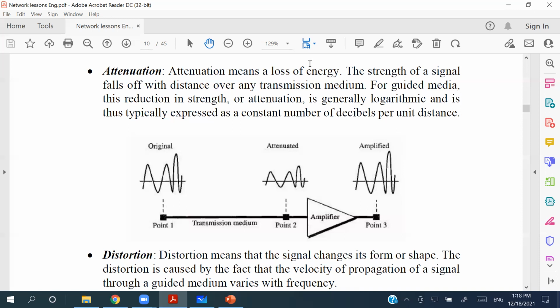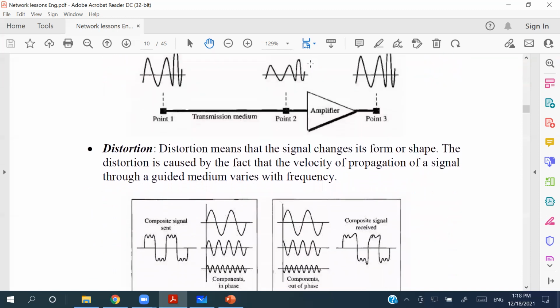Sometimes that signal can originally contain some noise, and when you amplify, that noise is also amplified. But that of course applies only to analog signals. With digital signals, nothing like that is going to happen. So the amplifiers are there to amplify the attenuated signal to its original strength.